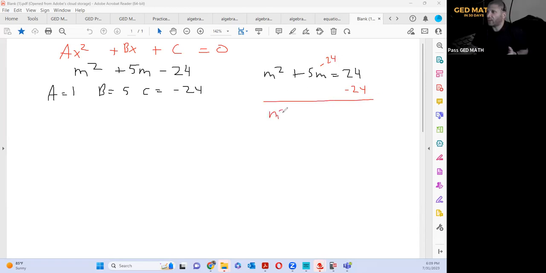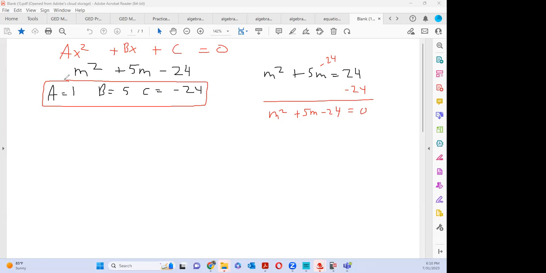So I'm going to have m squared plus 5m minus 24 equals 0. Now this is in standard form. Now you can identify your A, B, and C. So A is 1, B is 5, C is negative 24. Does everybody know where I got those numbers from? Yes. Okay.